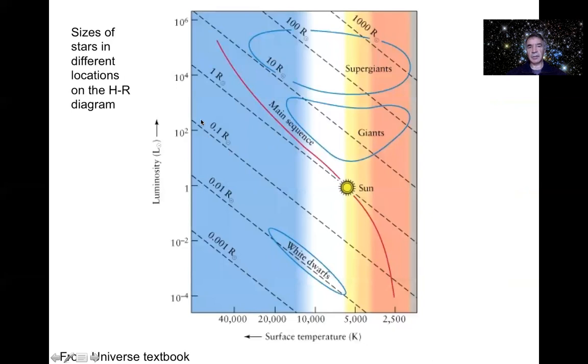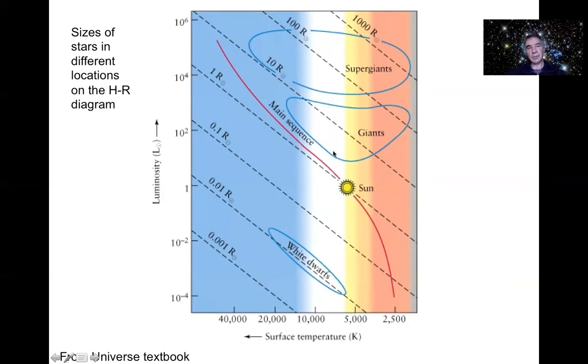And we can see that on this next diagram. So this is just another version of the HR diagram, luminosity against temperature going backwards. But now we've got lines of constant radius on here. So it's really just applying that proportionality that I just talked about. So the slope of this line here is about -4. Okay, so you can see for 1 order of magnitude in temperature, we're dropping 4 orders of magnitude in luminosity.